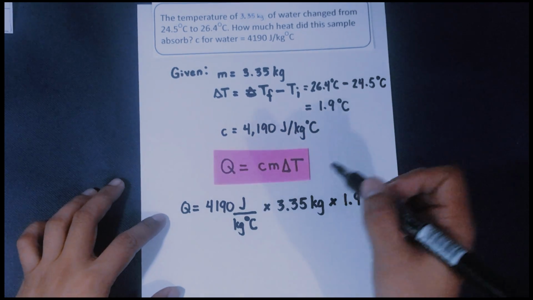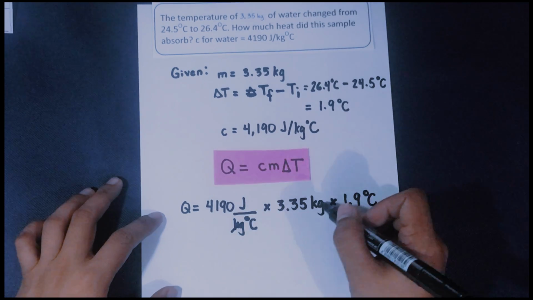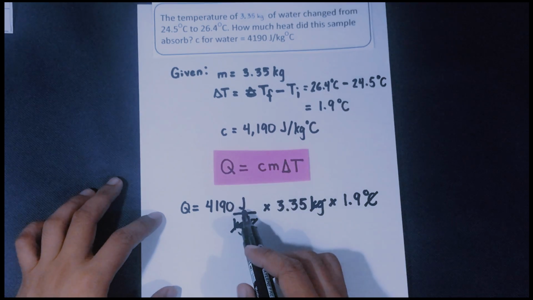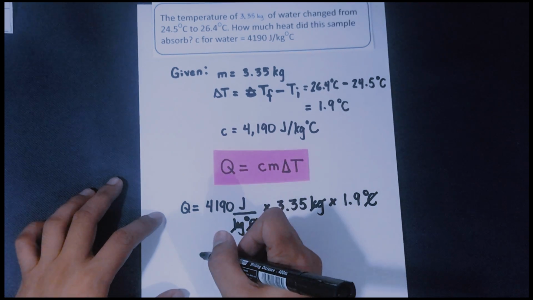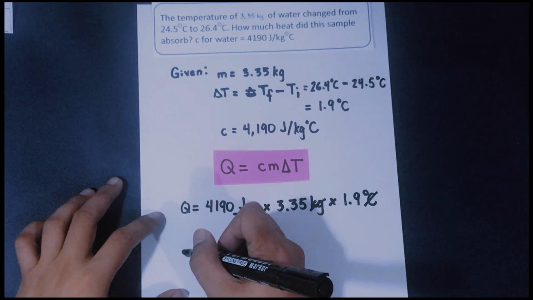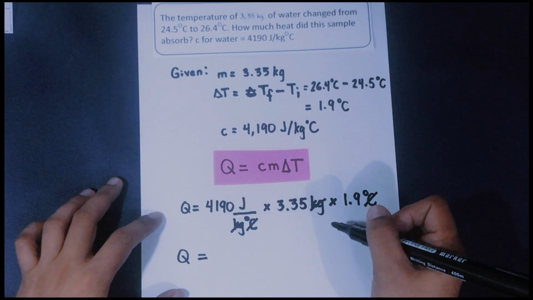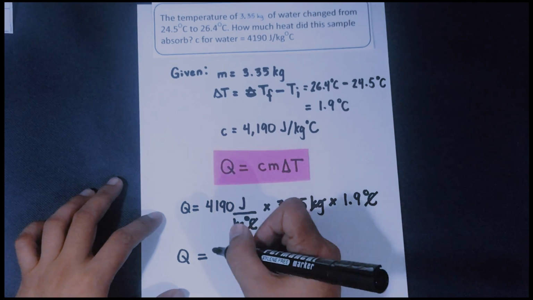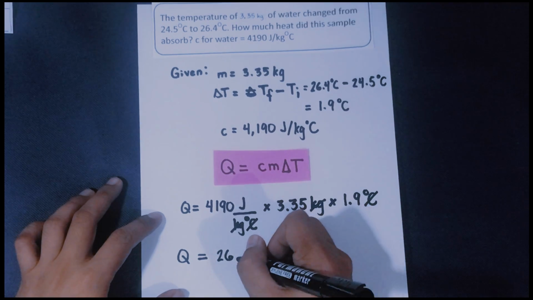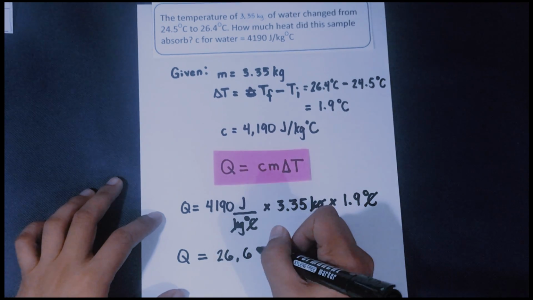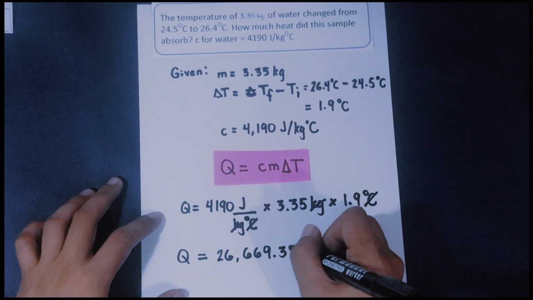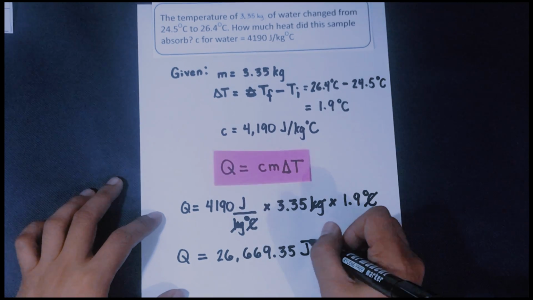So we cancel the units, kilogram to kilogram and degrees Celsius to degrees Celsius, and what is left is the unit of joules. So multiplying all the three numbers, our heat is equal to 26,669.35 joules.